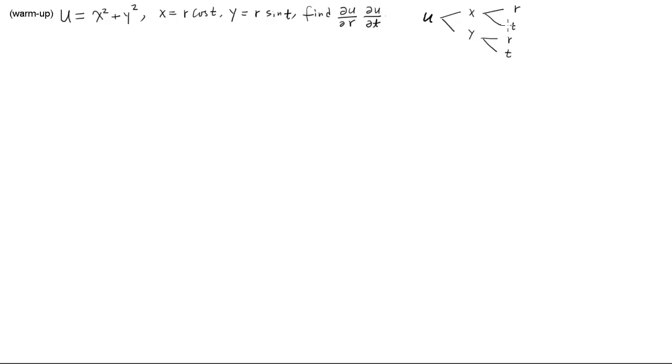Really, it's just one chain rule, but when we take partial derivatives, we need to remember which one is a function, which one is considered as a constant. So when we take the derivative of u with respect to r, t is considered a constant because these two are independent variables. But x and y are functions of r and t.